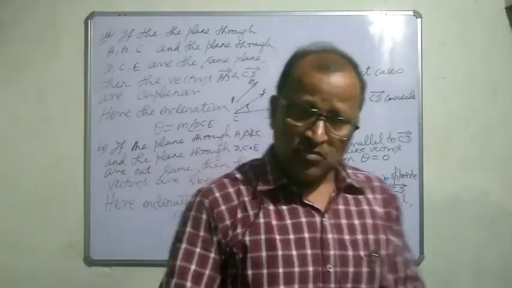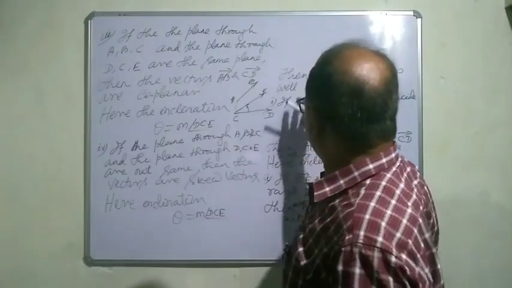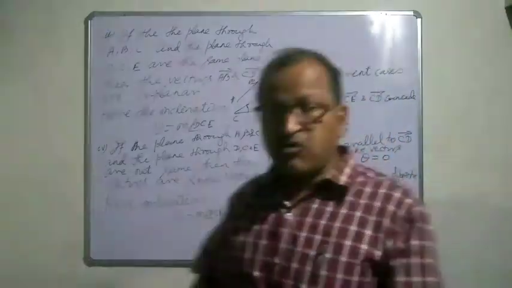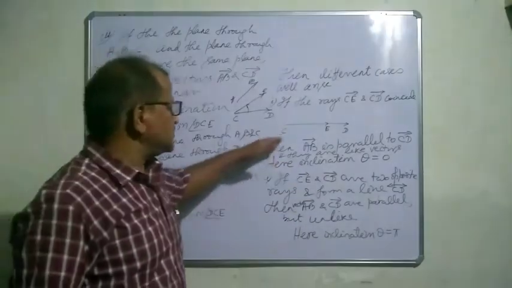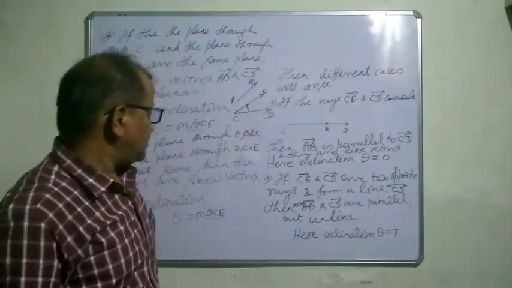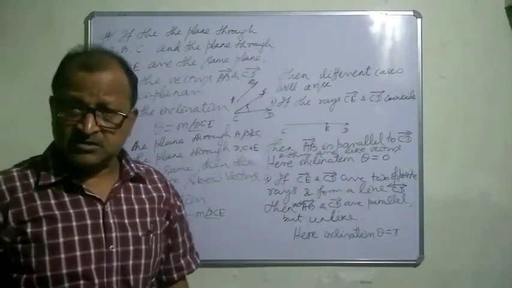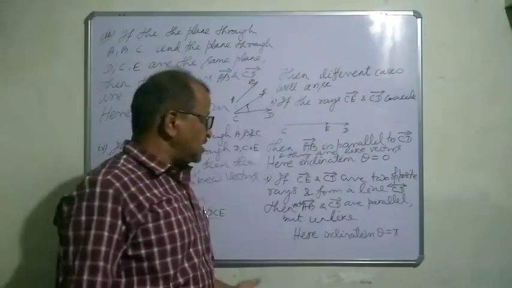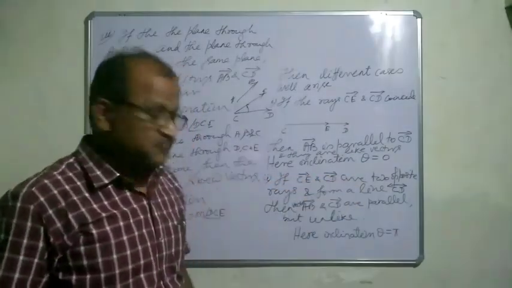So, when the vectors are coplanar, you see again here, if the rays CE and CD coincide, means they are in the same direction, then the two vectors are like vectors, parallel vectors of course, having the same direction. Here the inclination will be 0.